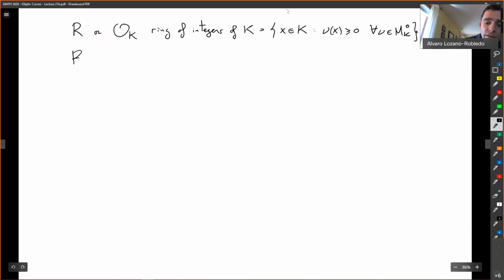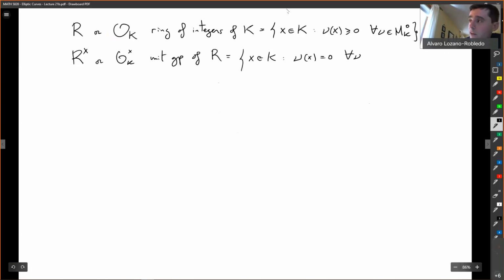Then we have the units. So the unit group of the ring of integers will be elements of K such that the valuation is 0 for all the non-Archimedean valuations.